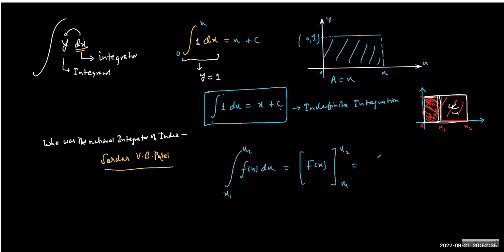When you integrate from 0 to x2, you get this area, and when you integrate from 0 to x1, you get this area, and then you subtract to get the area between x1 and x2. That is how we express the answer. And here we don't write C because we are doing the definite integration.